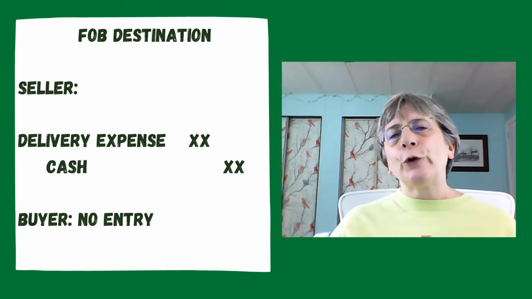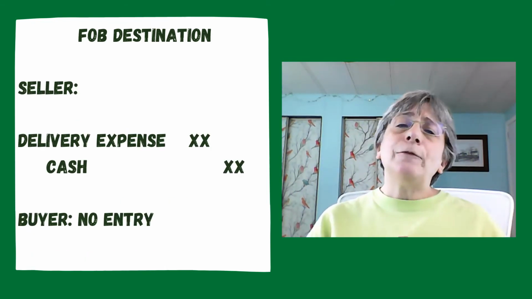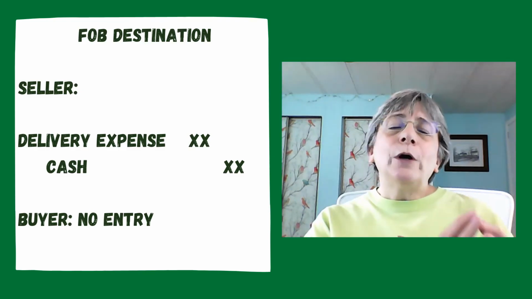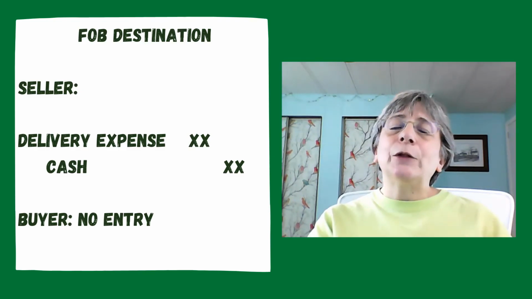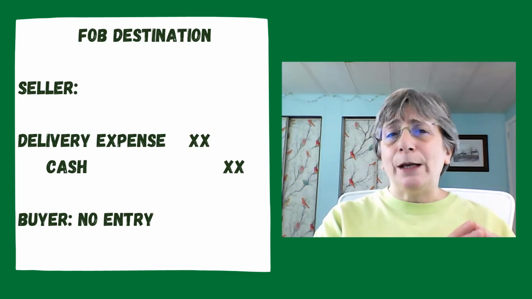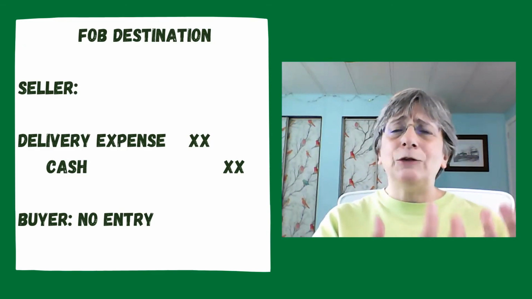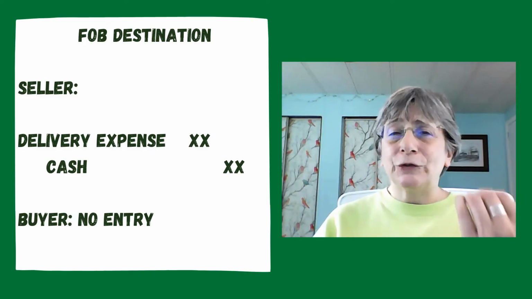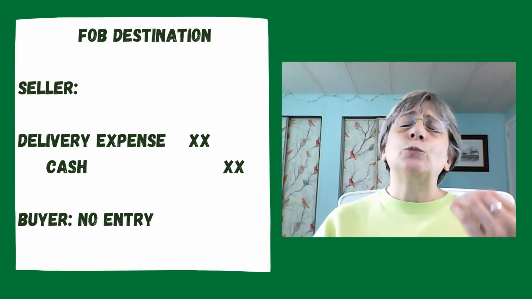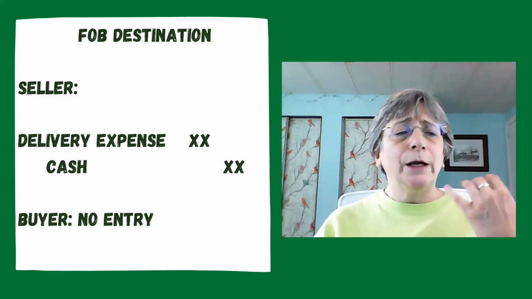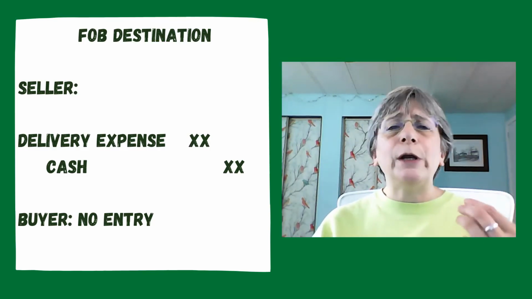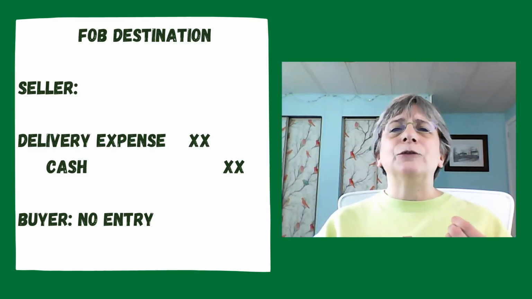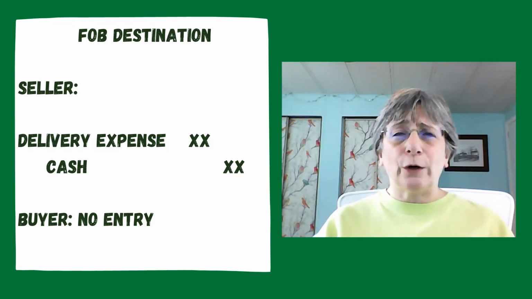So what does that do for us on the accounting side? Under FOB destination, the seller now has an entry to make because they have spent money to pay for shipping. If we are doing the seller's side of the books, we're going to have an account called delivery expense or freight expense, postage expense, whatever the account is called in our chart of accounts.